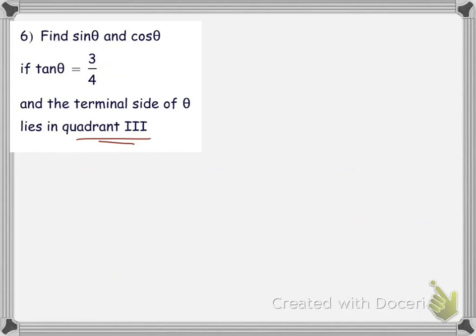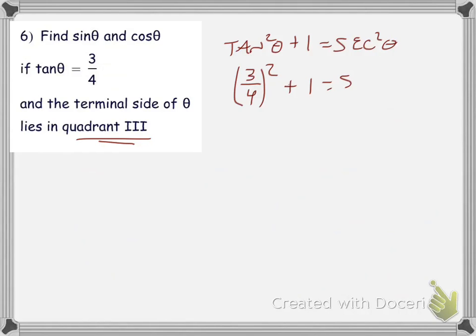So because I'm given the tangent, I'm going to use the identity that has tangent. So I have 3 over 4 squared plus 1 is equal to secant squared.